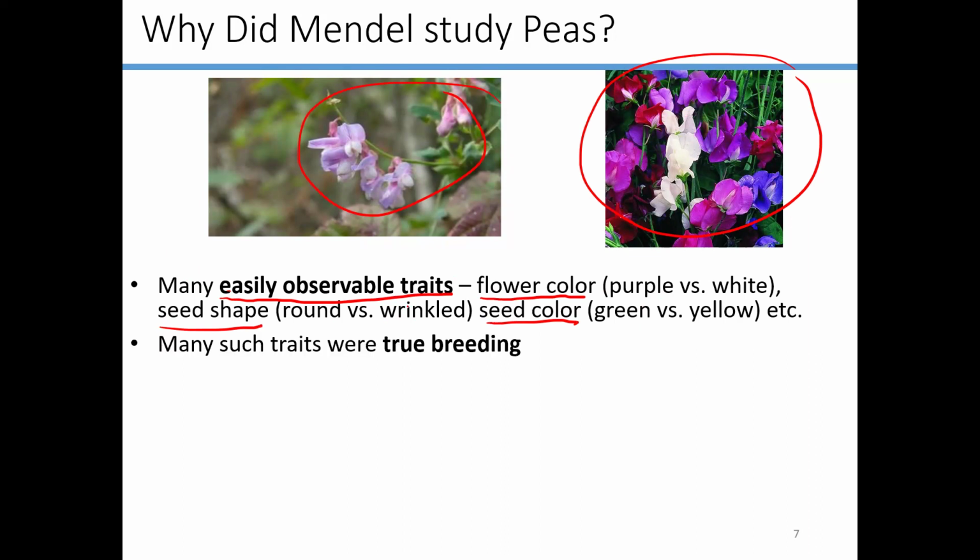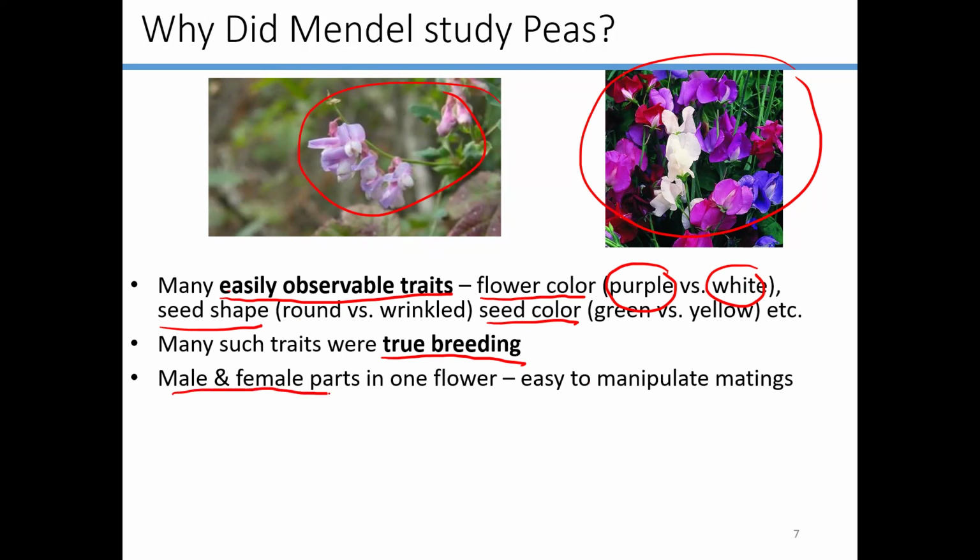Another reason is that you can get true breeding, meaning if you take a purebred purple and cross it with another purebred purple, you would always get purple flowers. If you took a purebred white and crossed it with another purebred white, you would always end up with that same trait. Again, that made it very easy to give it a starting point.